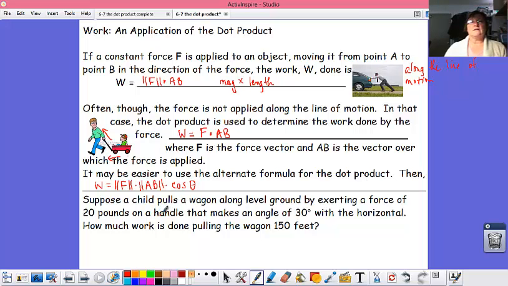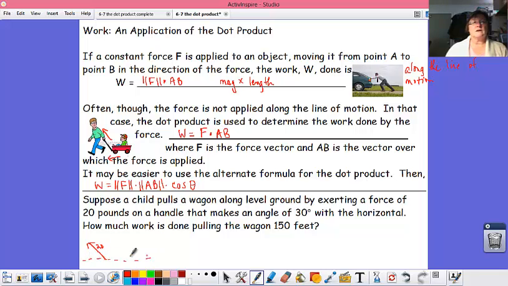Suppose it says a child's pulling a wagon along level ground by exerting a force of, okay, here we go, 20 pounds on a handle that makes an angle of 30 degrees with the horizontal. So as the force is being applied to the handle, it says 20 pounds, and it makes an angle of 30 degrees with the horizontal.